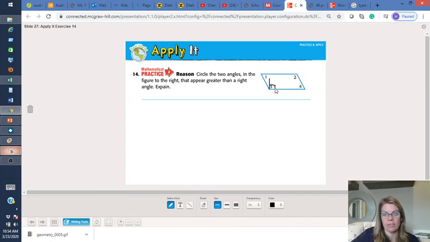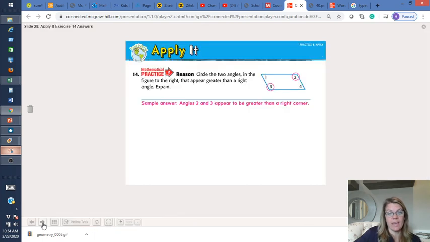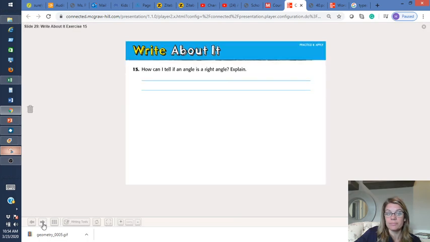This would be a right angle, right? So does that look like it's bigger than one? Yeah, that one is bigger than. And this one is the same angle actually, because if this is my flat side and my angle is going to come down like that, that would be a right angle right there. So this one is also going to be bigger. Okay, you can just say they both appear to be bigger than a right angle, and they both are.